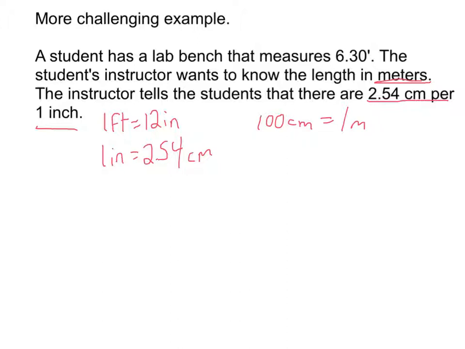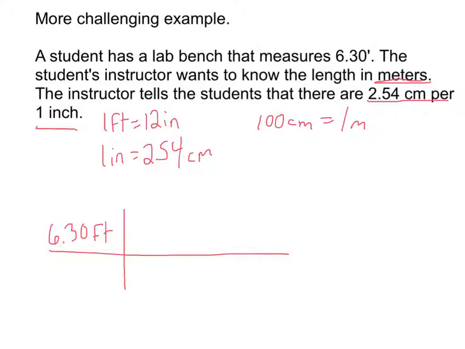We'll start with our given, 6.30 feet. Okay, so we can do this according to the fence post method, or we can do it by multiplying by conversion factors. I'll set it up as a fence post problem. So the first thing we want to do is cause the unit of feet to divide out to give us something that's more useful.